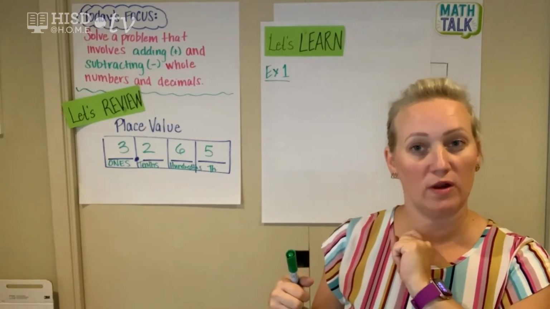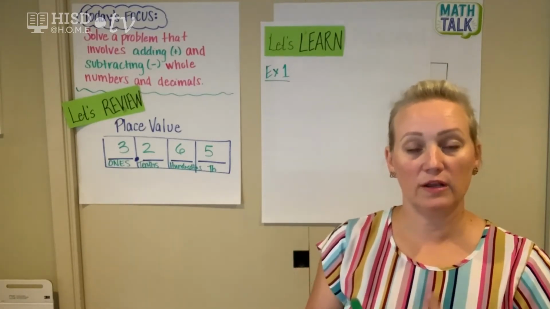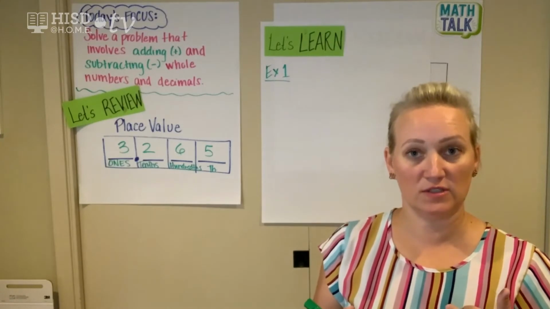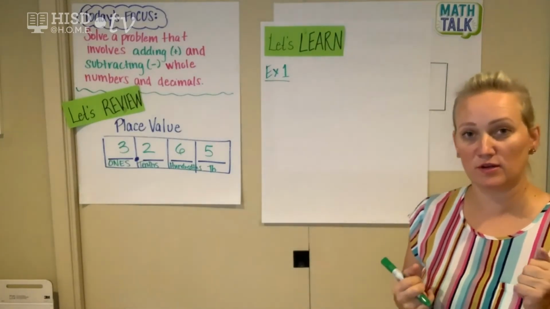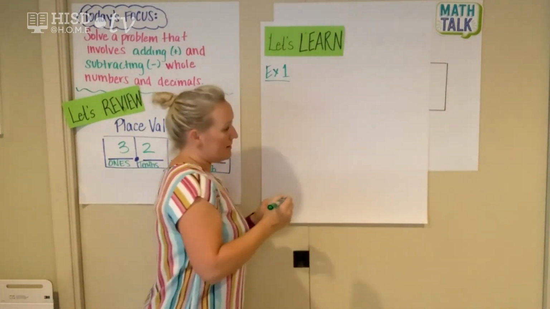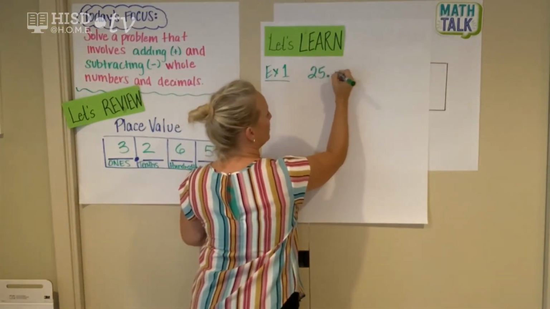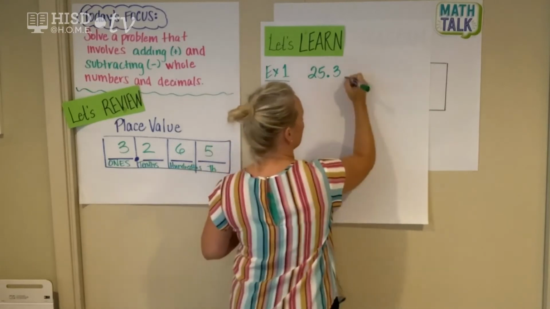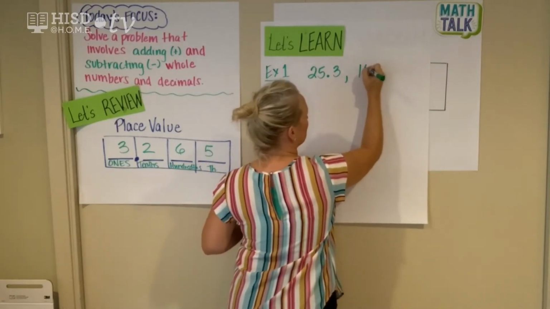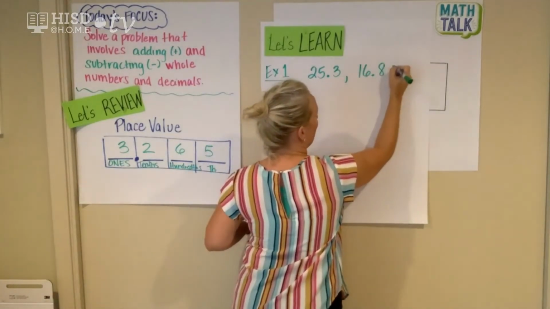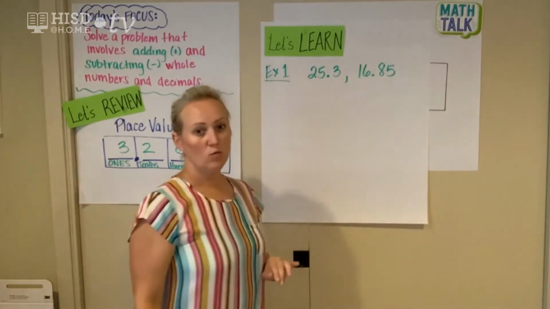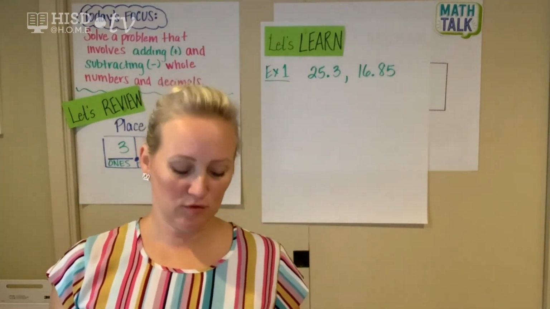It's just a short way to write example. So example 1 is just adding 2 different decimals together, which include whole numbers. So let's add, the 2 numbers I have are 25 and 3/10 and 16 and 85 hundredths. What if someone just said, can you add those 2 measurements?